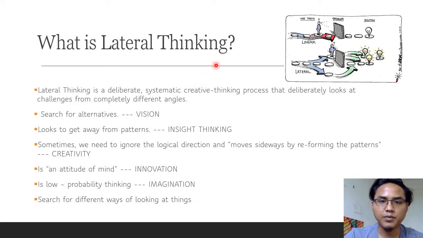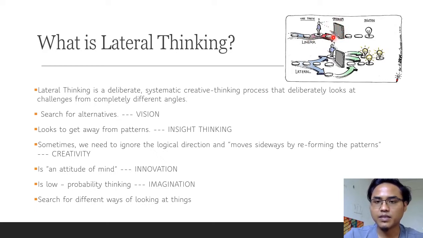Lateral thinking is also for concepts and perceptions. With lateral thinking, we have the ability to think creatively, which is, we can think outside the box. In the picture on the right, you can see above, the person standing in the path, and he can see the problem.